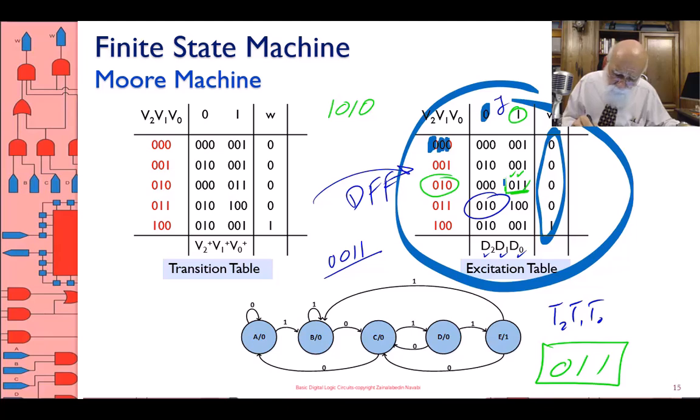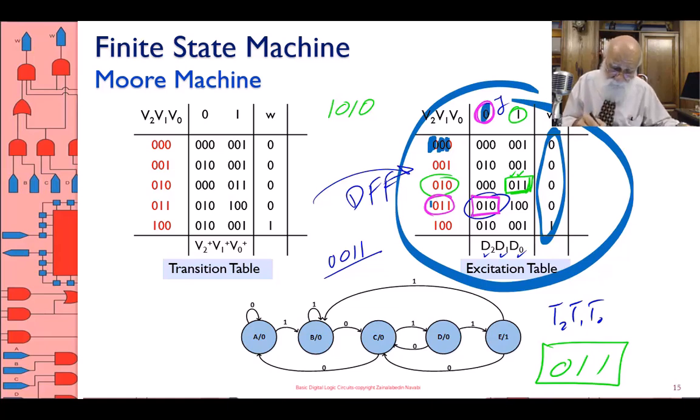Okay, let me do one more of these. Let's use this purple one. V2, V1, V0 is 0, 1, 1, and therefore I want 0, 1, 0 in D2, D1, D0.